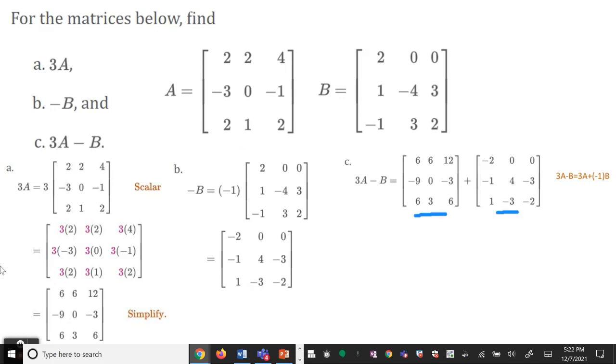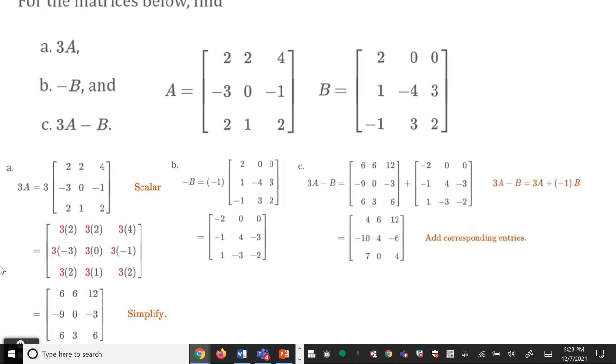So to add, you're going to take the first number, 6, plus negative 2. And that's going to give you a negative 8. Oh, I'm sorry, negative 4. And then you're going to take the next one, and you're going to keep adding all the numbers. So the next one is 6 plus 0 is 6.